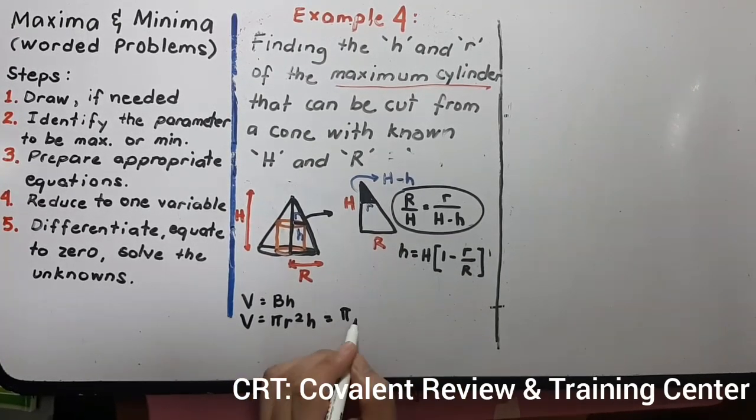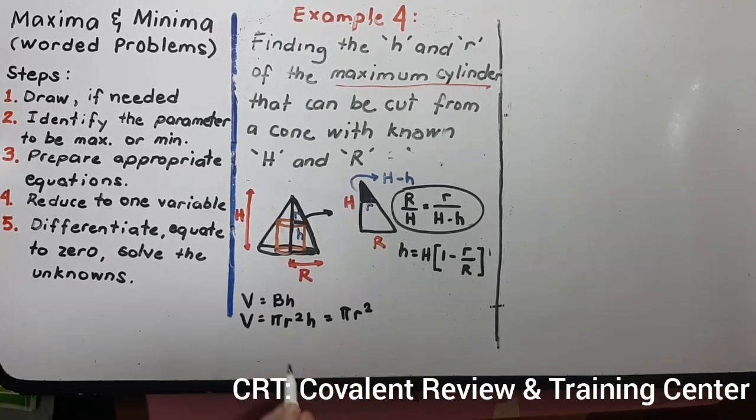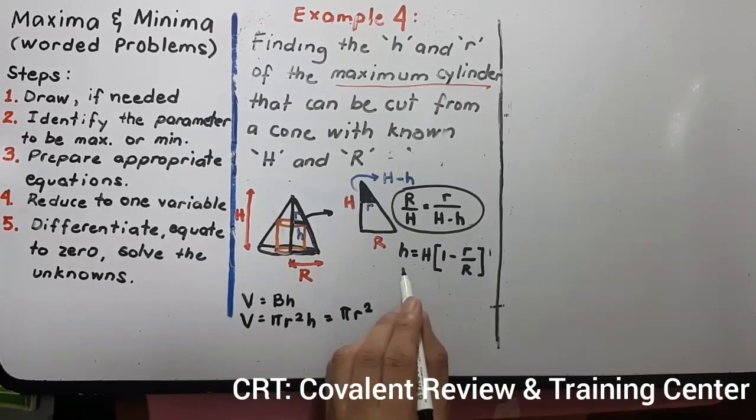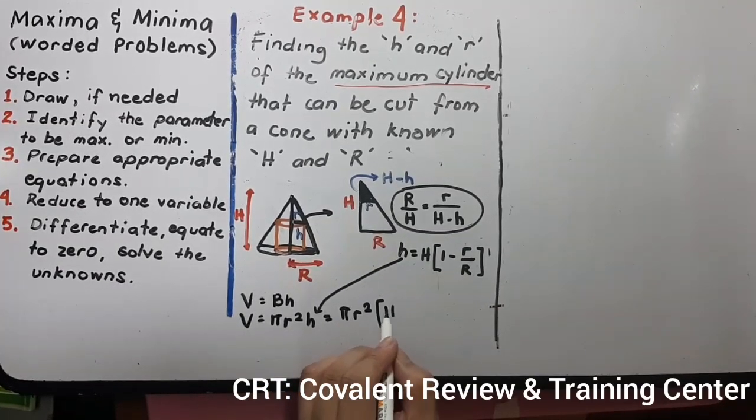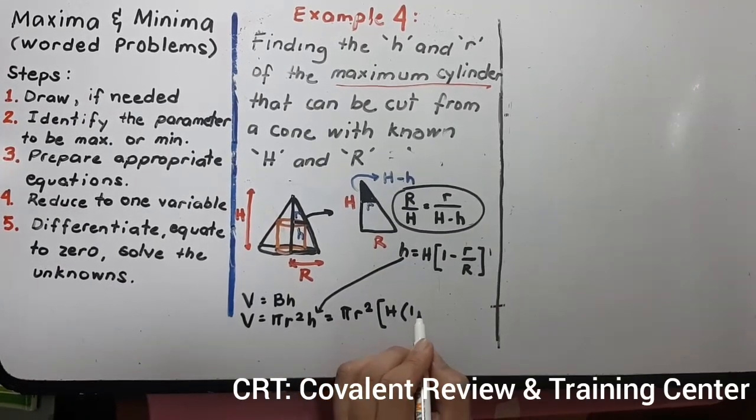So this is pi r squared, then replace h by this: capital H times the quantity 1 minus r over capital R.